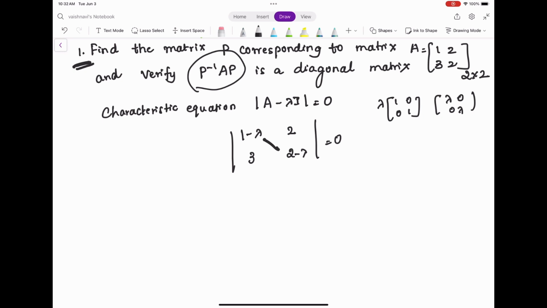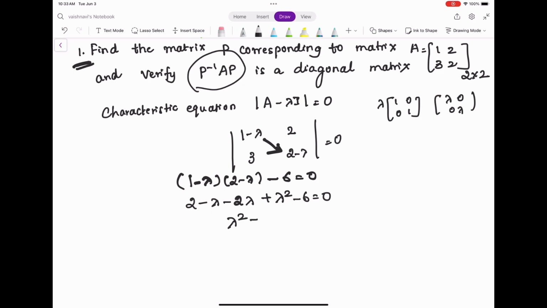Now we multiply the terms: (1 minus lambda)(2 minus lambda) minus 3 into 2, which is 6, equal to 0. When I solve it, 2 minus lambda minus 2 lambda plus lambda square minus 6 is equal to 0. Simplifying, lambda square minus 3 lambda minus 4 is equal to 0.